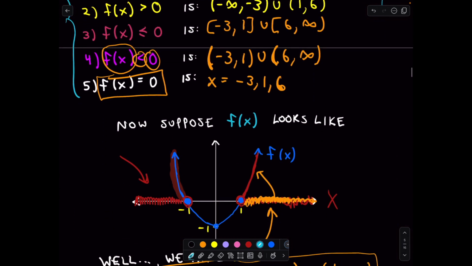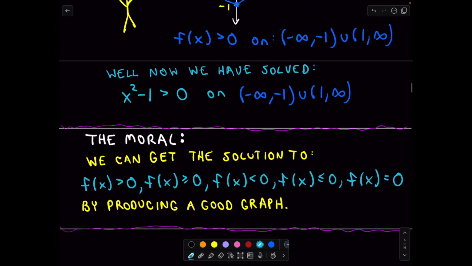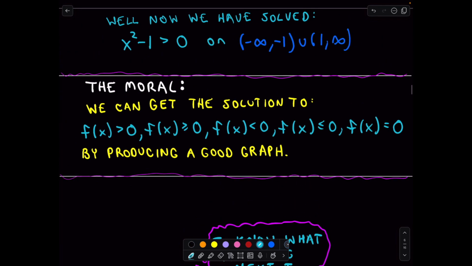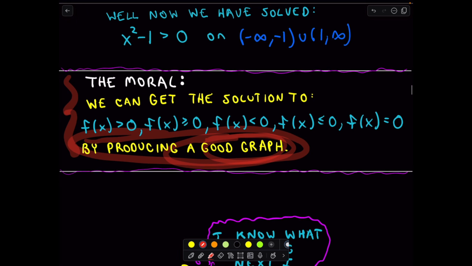So this is the key idea. If you understand that, you're good to go. Now we're just going to get into the technical details. So again, this is the moral of the story: you can get a solution to those inequalities by producing a good graph.